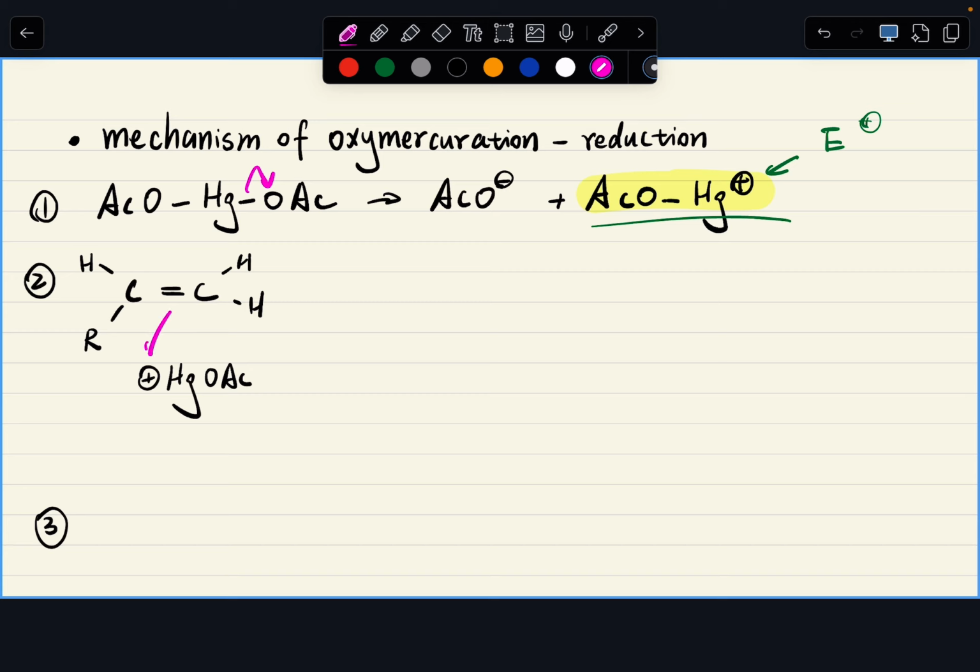Now we have the attack onto the mercury, and we get the same kind of three-membered intermediate that we saw before with bromine, with Hg attached to OAc.